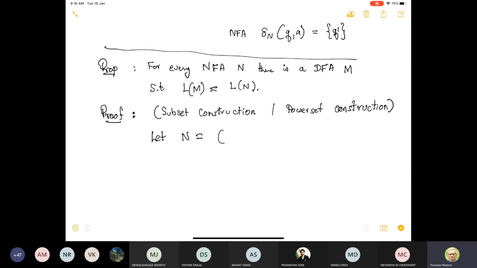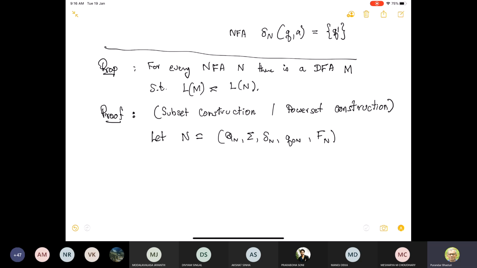And so let me write Q. Everything is subscripted with N. Q_N, sigma is the same, delta_N, q0_N, and F_N.